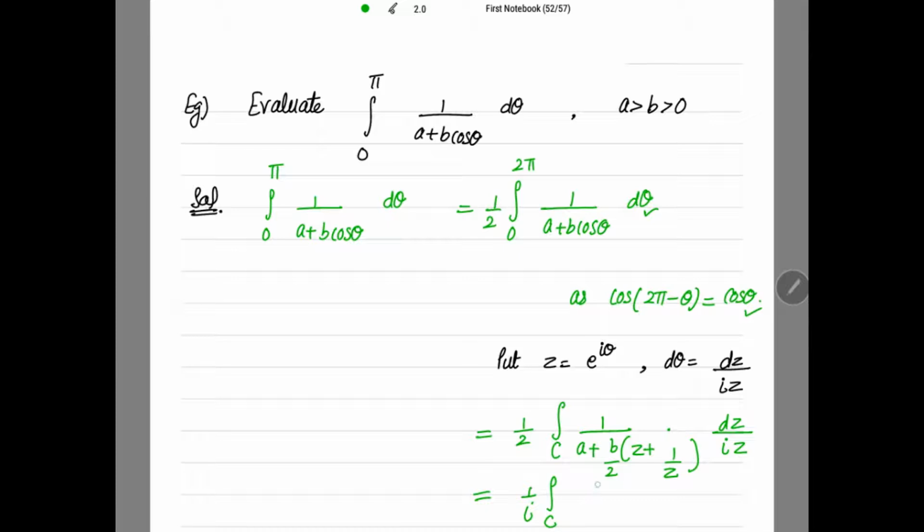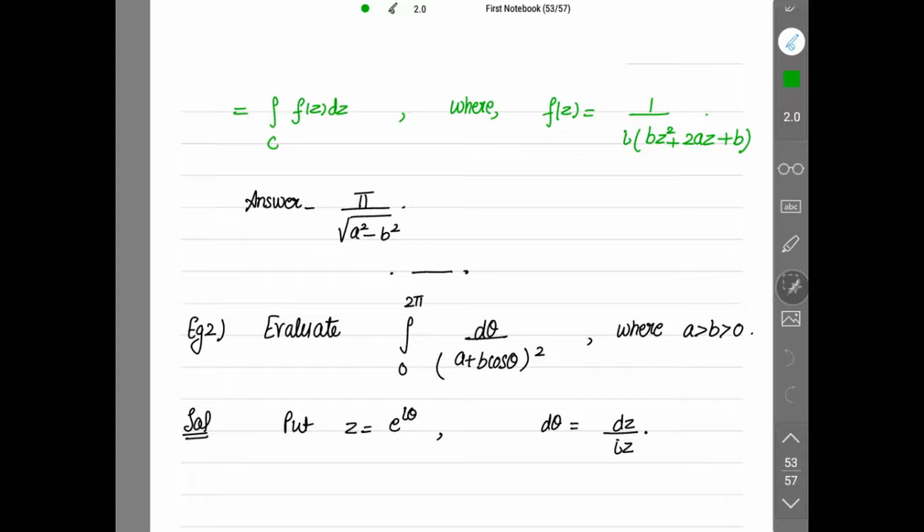So this is 1 over bz square plus 2az plus b dz, right? And now you have to take this whole function as f of z. So this is equal to integral over c, integral over your circle, f z dz, where your function is this.